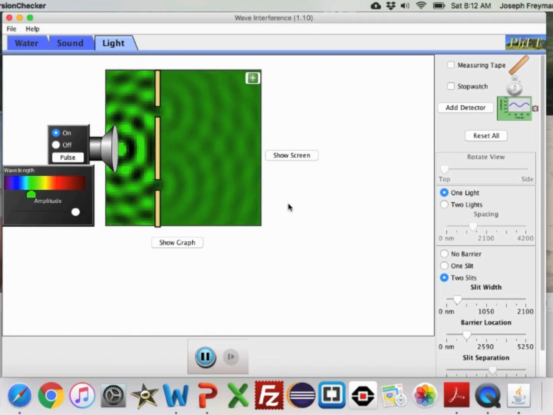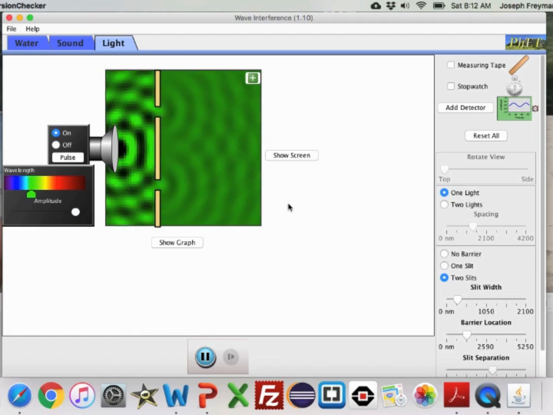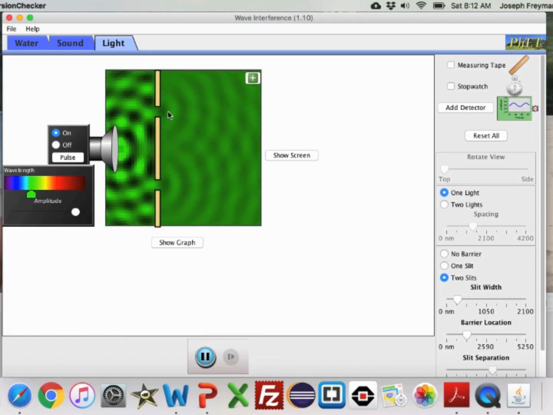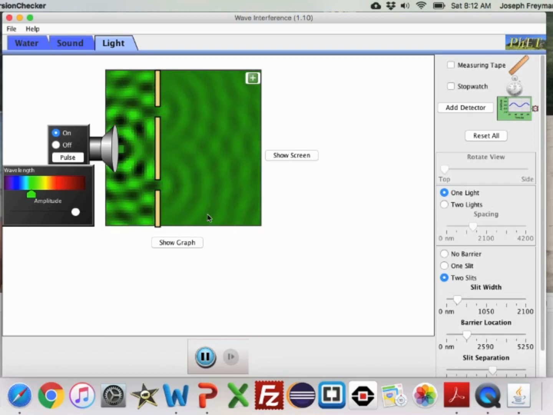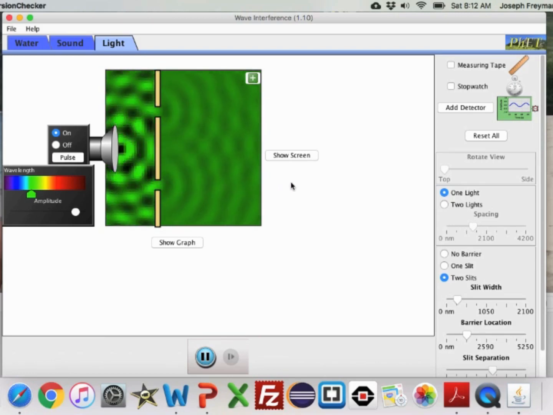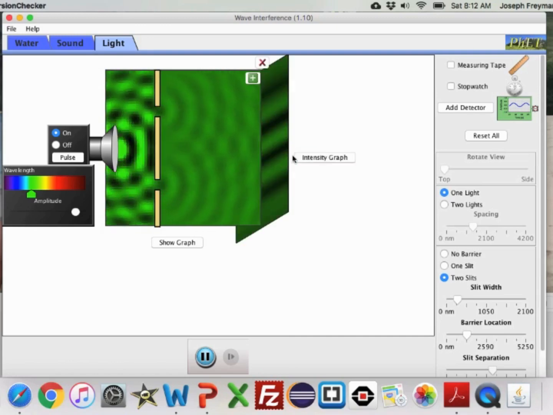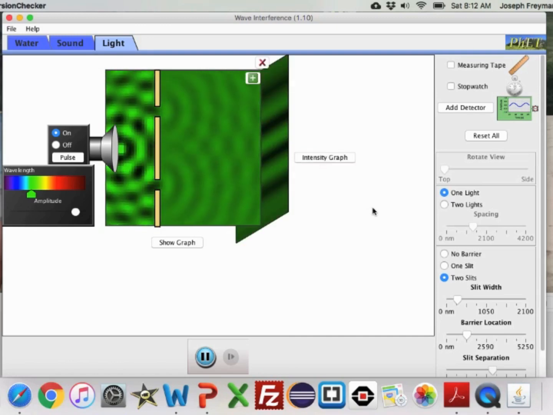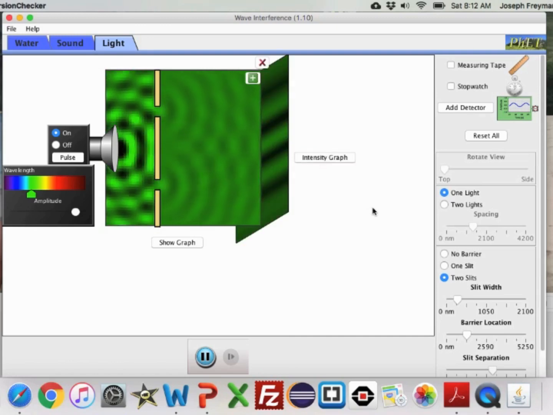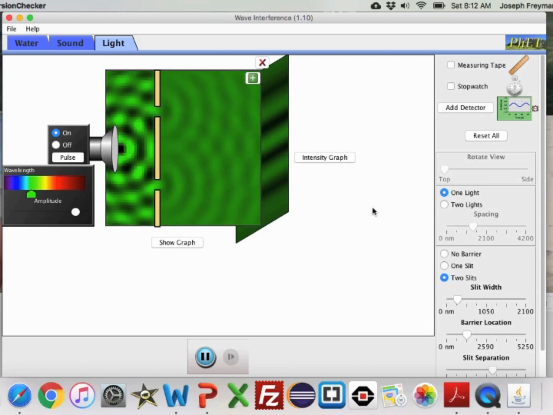Okay, so if you take a look at this, you can see the waves diffracting out of the openings, and you can see areas of constructive interference and destructive interference. Now when I show the screen, that shows you the dark and light fringes and how those correspond to the areas we're talking about.